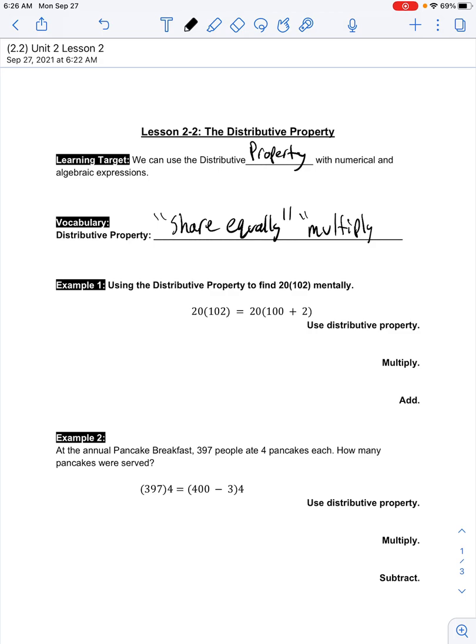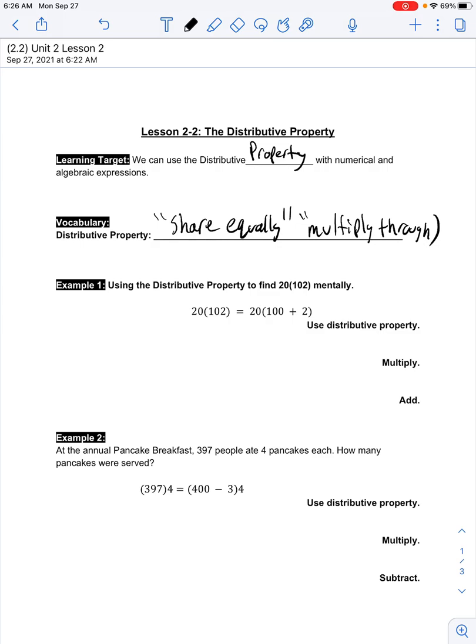So those are kind of going to be our key terms. And again, sometimes in math, I think the easiest way to talk about definitions is to just do examples.